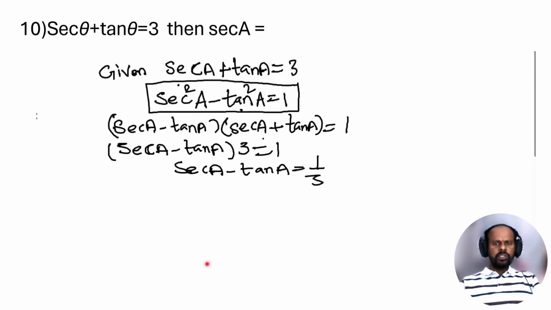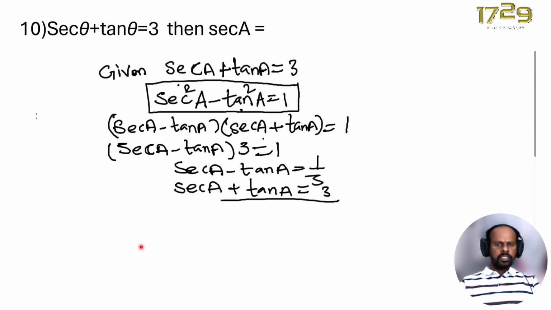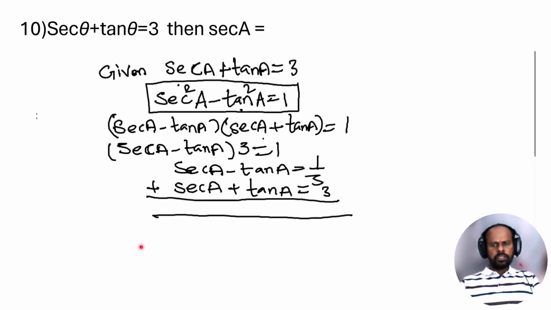So let us take the first one. It is given in the question that sec a plus tan a equal to 3. So let us add these two results. Then tan and tan get cancelled. Sec a plus sec a, 2 sec a is equal to 3 plus 1 by 3.